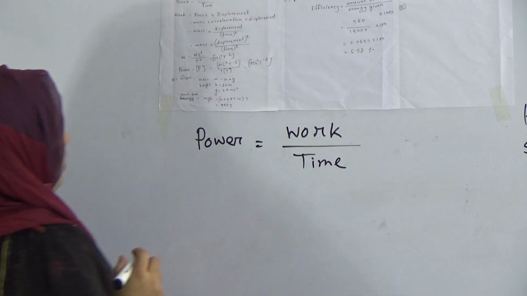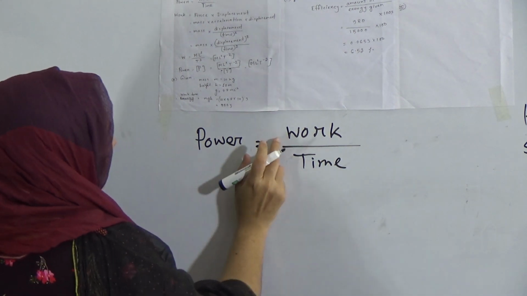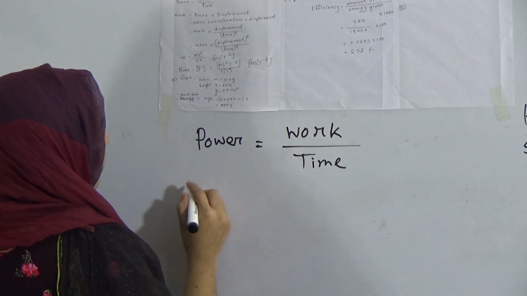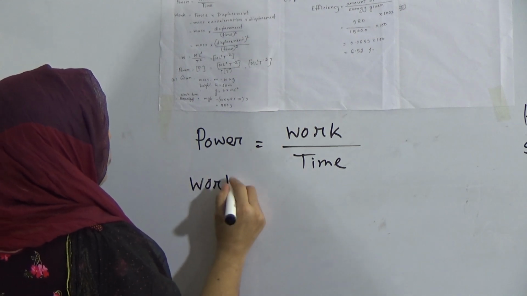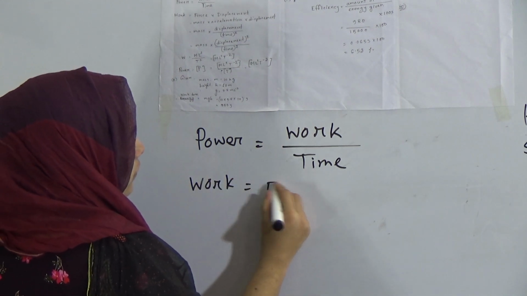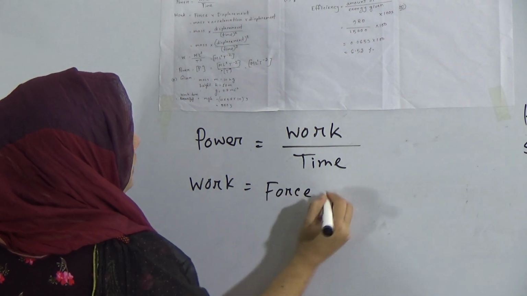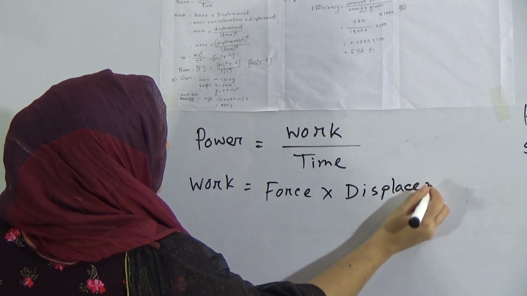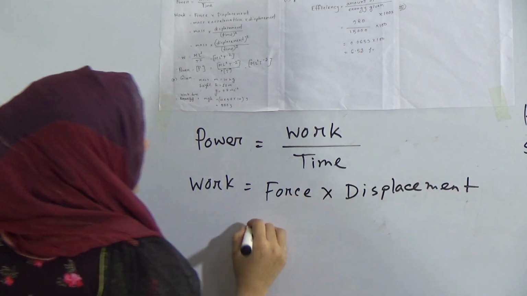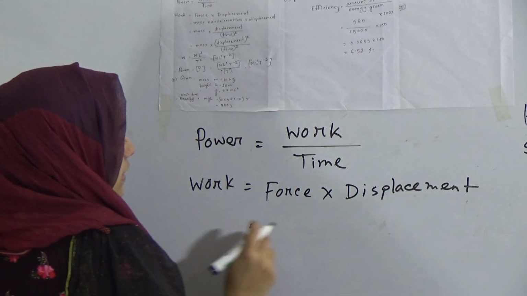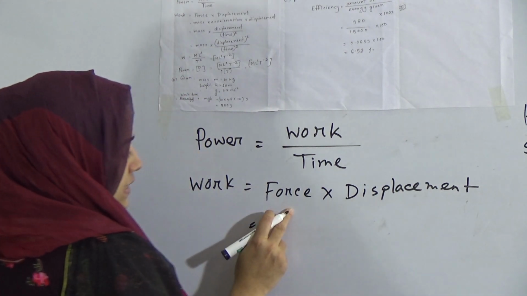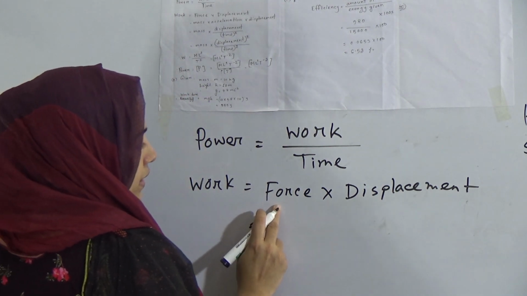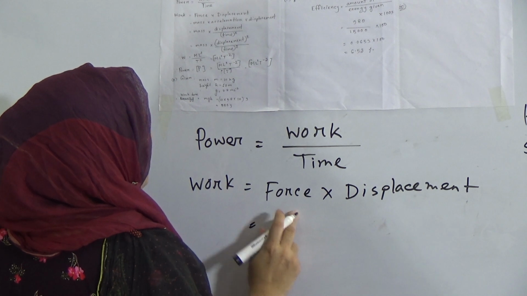Okay. So, now we will find out the dimension of work. Work equals, we know the formula of work is force into displacement. And again force, we know force F equals ma, that means mass into acceleration.